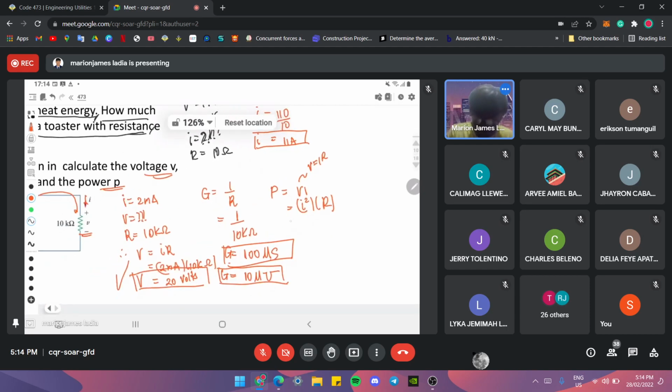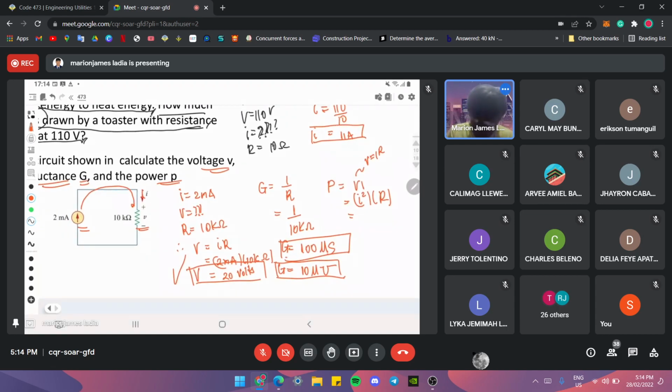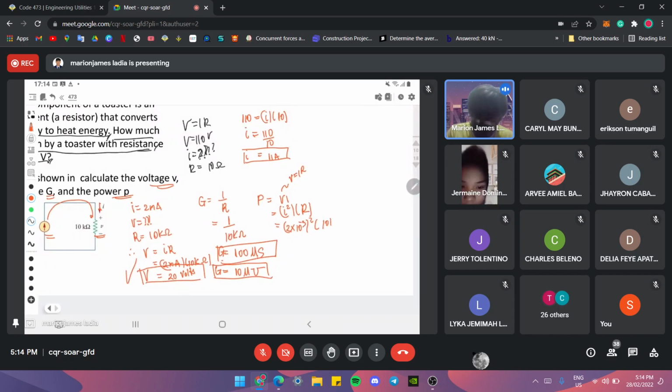So therefore, from that, I will have a value equal to my I squared multiplied by my R. Okay? So I squared is equal to 2 milliampere. So 2 times 10 raised to negative 3 squared multiplied by my R, which is equal to 10 kilo ohm. Okay? Or 10 times 10 raised to 3. So from that, calculator lang natin, we have 2 multiplied by 10 raised to negative 3, squared, multiplied by my 10 kilo ohm, 10 times 10 raised to positive 3.